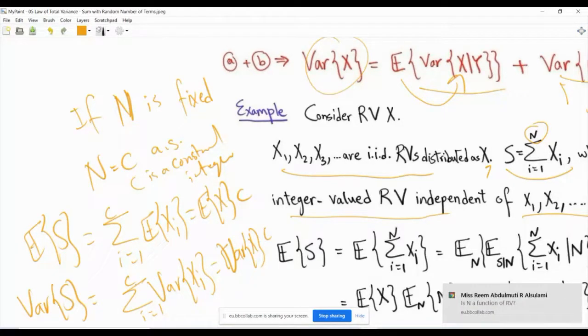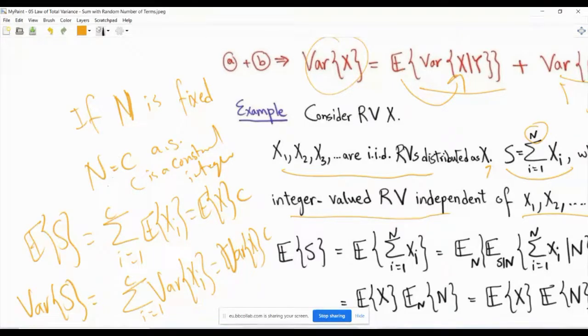Again, here I am saying, what if N is a constant? If N is a constant, then things are very straightforward. It's like exercises you have been doing. The expectation of the sum is the sum of the expectations always, because expectation is linear. And because they are identically distributed, just take the expectation of one of them and multiply by the number of terms.